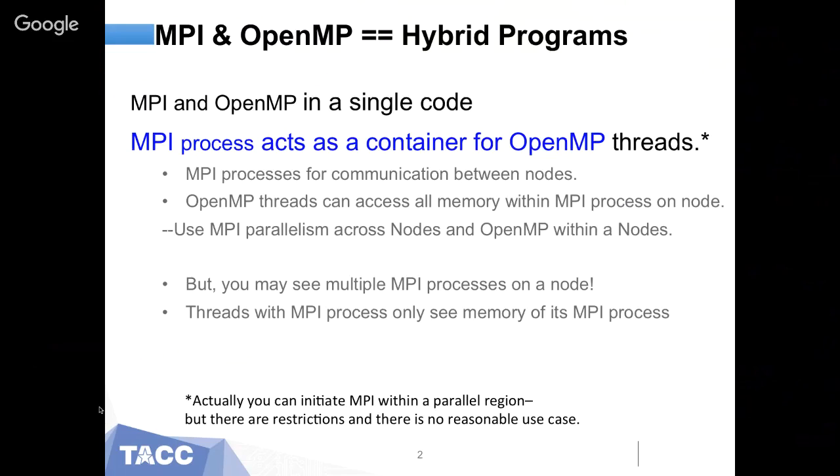And so the MPI processes are communication between nodes. That's the important thing about it. And the nice thing about OpenMP is the fact that it's a shared memory paradigm on the node, and these threads can see each other's memory.